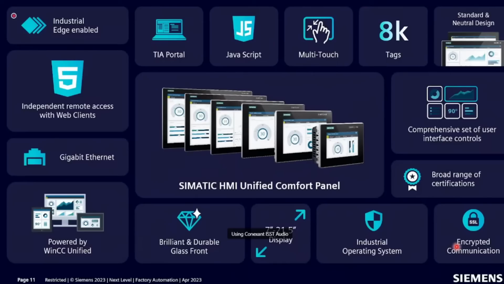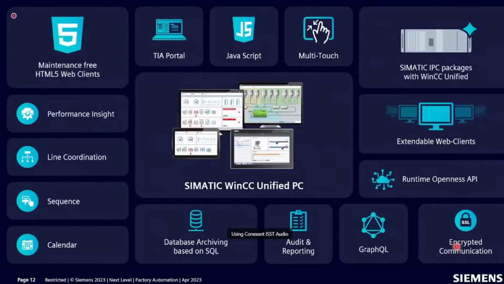If you move towards the SCADA system, whatever functionality is supported by the panel is the same for the unified PC, but apart from that it supports other functionality also. For example, the package I have explained, Performance Insight, is for KPI measurement or getting more transparency within the machine or plant, or maybe lines.